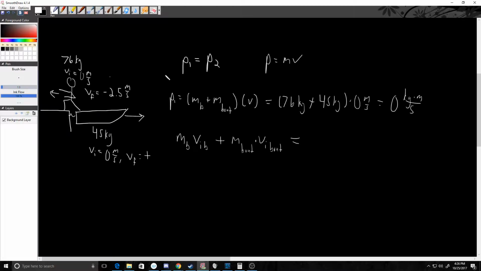This has to equal, because essentially this should really say the sum of the momentums at the beginning should equal the sum of the momentums at the end. All right, so I kind of bumbled my way through that.